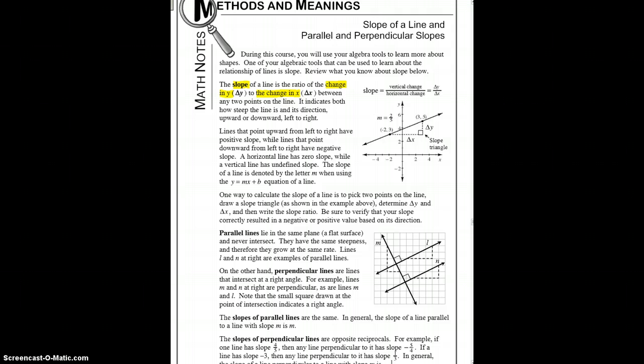The slope of a line is the ratio of the change in y to the change in x. If we are looking at our picture to the lower right, we can see that the change in y is our up and down movement, and the change in x is our left and right movement.